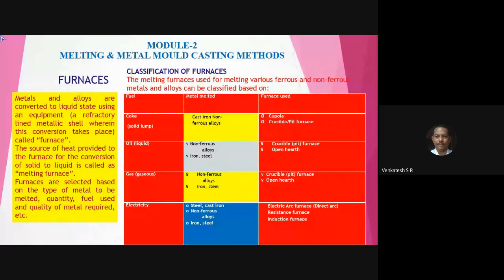The fuel may be coke, oil, gas, or electricity. And the furnace may be cupola, crucible, open hearth, electric arc furnace, resistance furnace, and the last one, induction furnace. The type of furnace used, the capacity and the quantity of metal melted are very, very important.